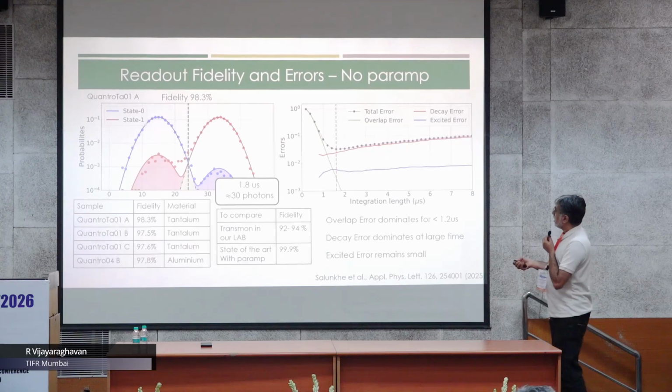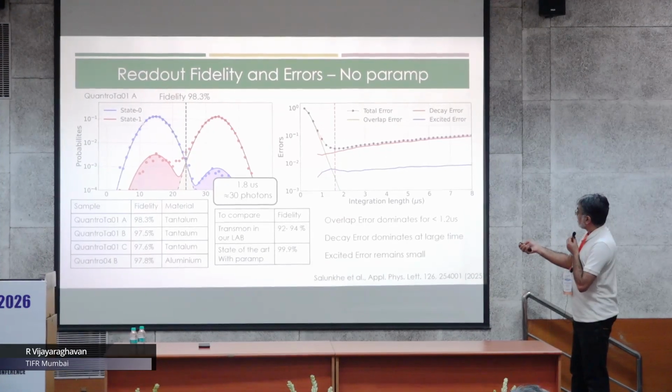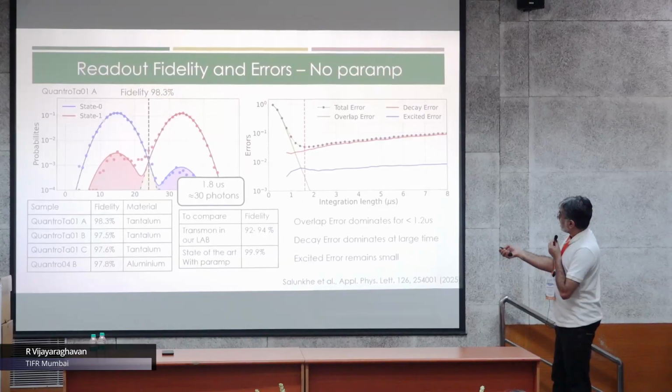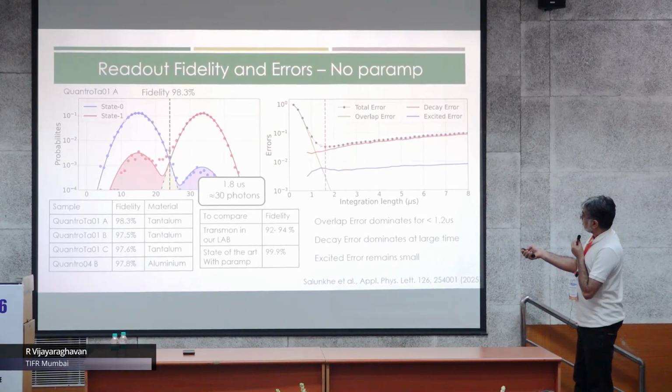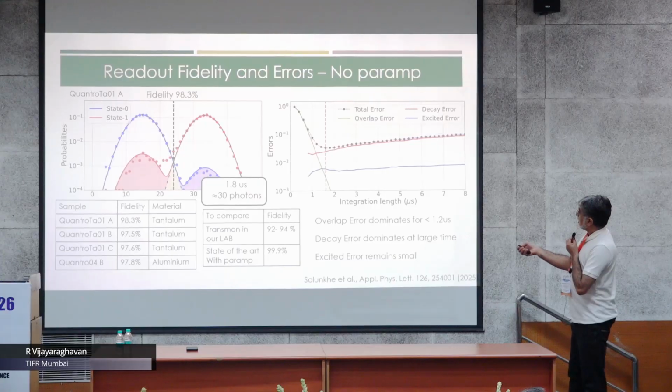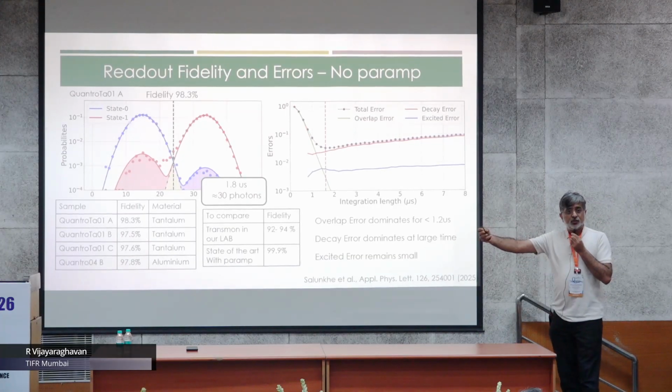And these are just some parameters, not so important, but we looked at how these errors change with integration time, and here the vertical dashed line tells you where we operated and found the best fidelity. So you see that as you increase the integration time, the overlap error, which is this green error, drops rapidly because now you're reducing the noise.